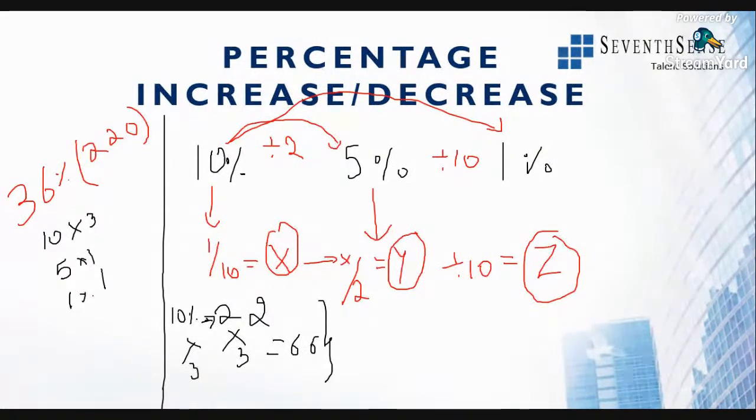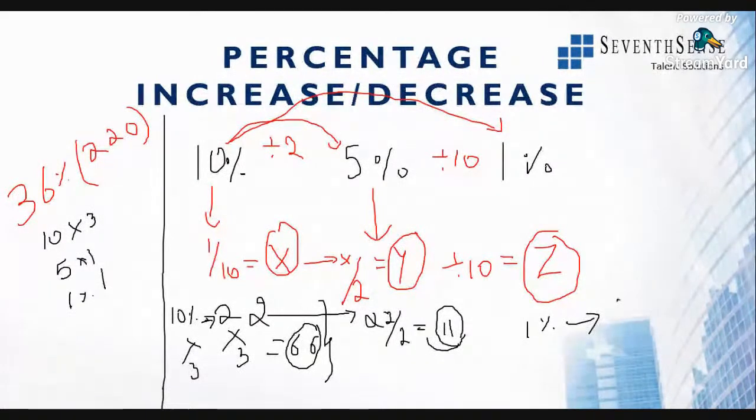If 10% is 22, 5% is half of 10%, so divide this value by 2. 22 by 2 gives me 11. Okay. So 30% is 66, 5% is 11. Now we need to find 1%. 10% is 22, so 1% is 22 divided by 10, so it becomes 2.2.